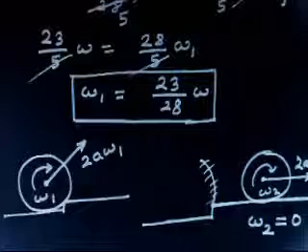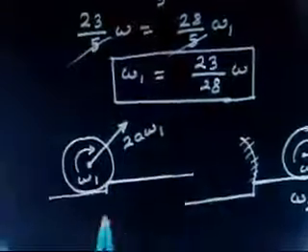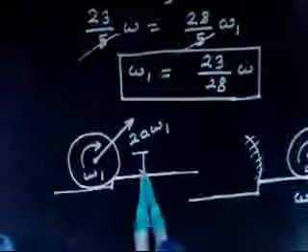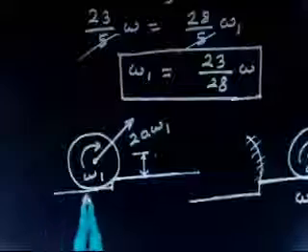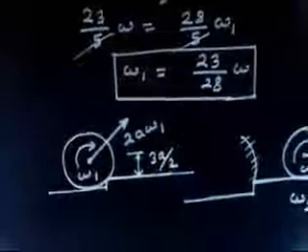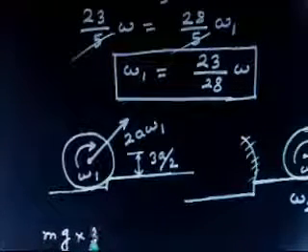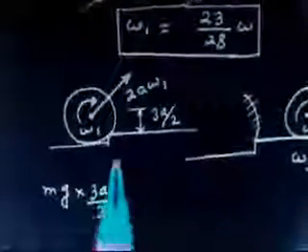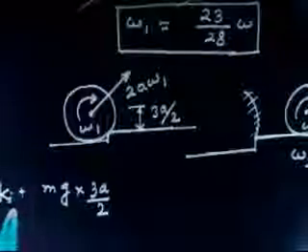So if I apply energy conservation, let us take this as my 0 potential energy. What is the height of the center of mass from here to here? This is 2a, this is a by 2, so 2a minus a by 2 is 3a by 2. We have already calculated this side as 3a by 2. So mgh is m times g times 3a by 2. This is the potential energy you have at this point. I am writing kinetic energy plus potential energy.